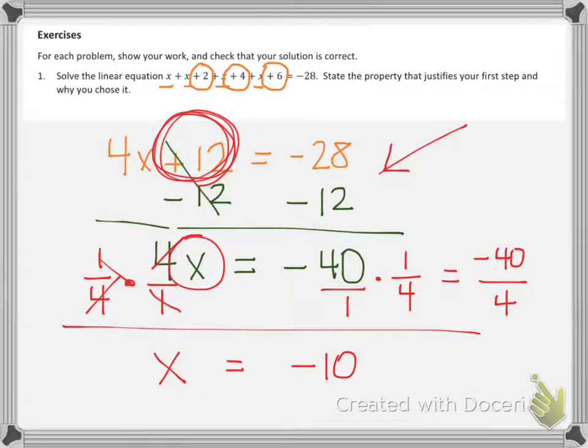When I subtract the same number from both sides, I get an equivalent equation. And then down here, we used the equality property of division by using a reciprocal and multiplying, kind of the same thing. Anyway, x equals negative 10 is our solution, and that is the only value for x that will make the equation true. Number 2.